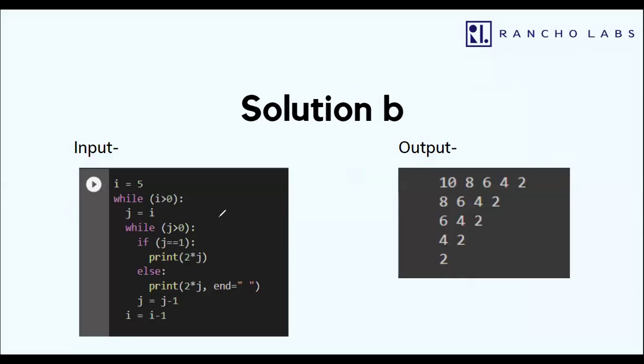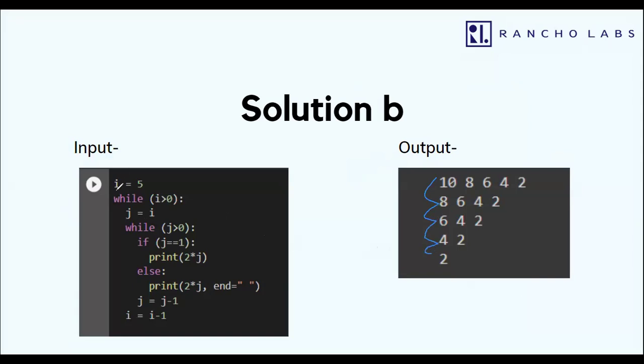Guys, I will explain another way we can do that particular code, which is in the PPT too. This is another possible way to do the same thing, using while loops. Here we have to print 5 rows, so the outer loop should iterate 5 times.